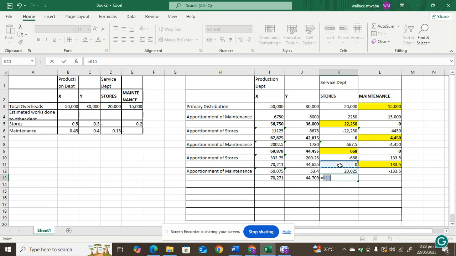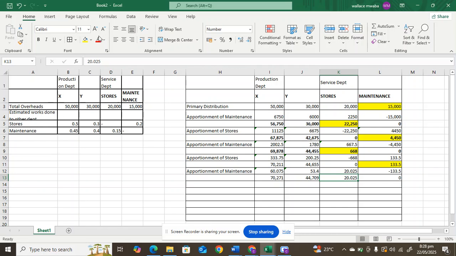Stores department 0 plus 20.025 should get 20.025. Then 133.5 plus negative 133.5, we get 0.